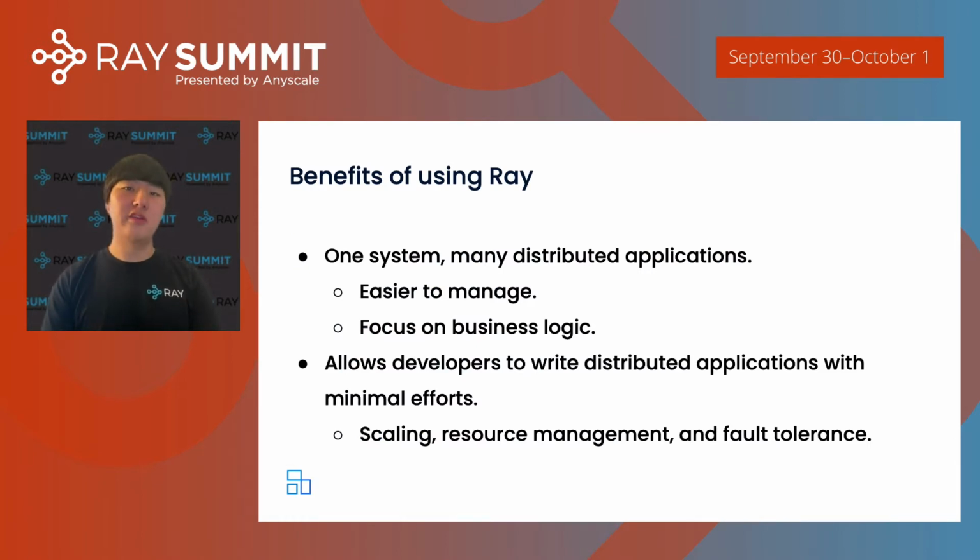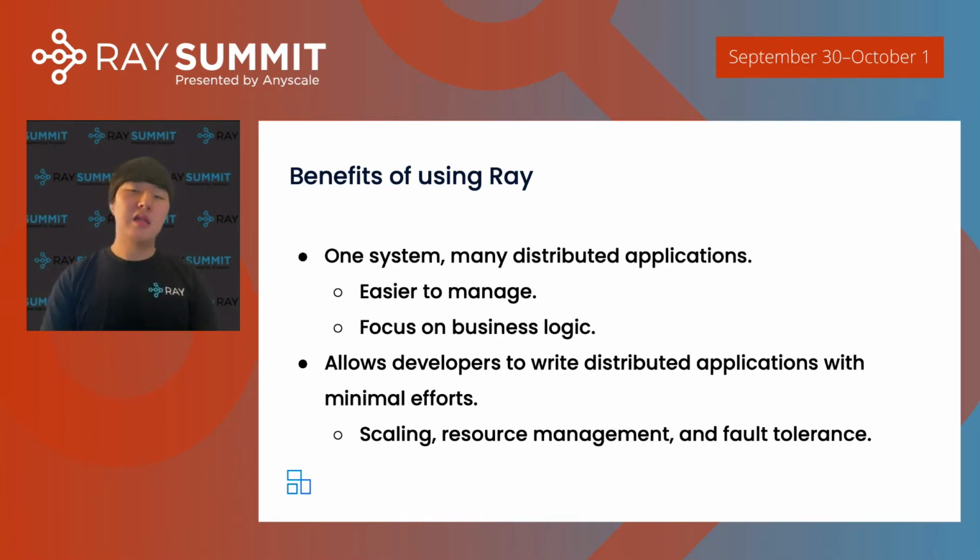There are several benefits of using Ray aside from its intuitive APIs. First, Ray is a general purpose system, and it means instead of gluing multiple specialized systems, you can manage a single system. And this doesn't only make it easy to operate complex software that requires large-scale distributed systems, but also helps users to focus on business logic instead of solving problems that require specialized knowledge, such as distributed systems problems.